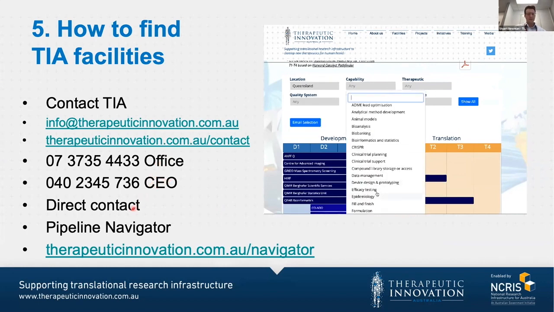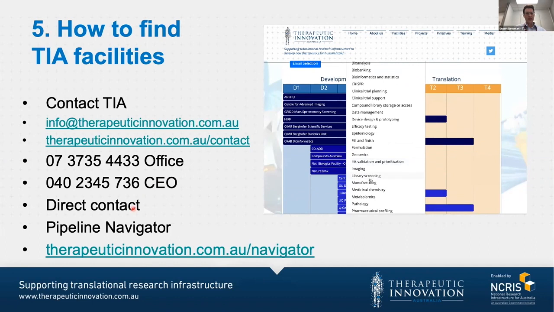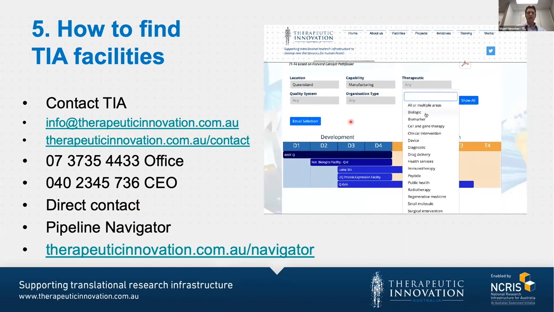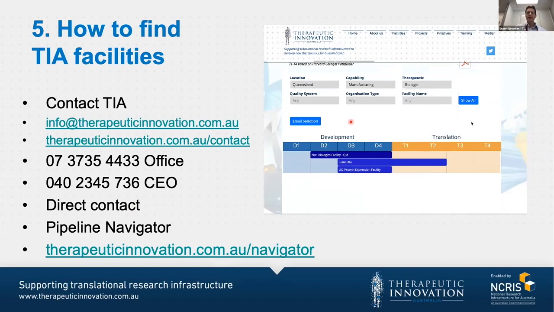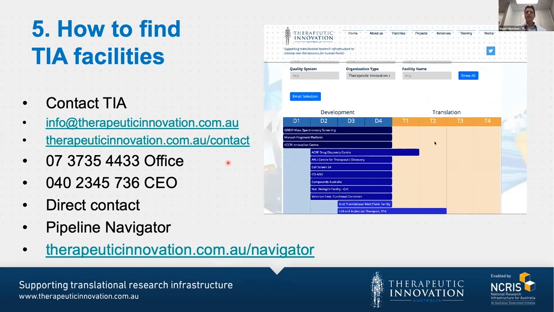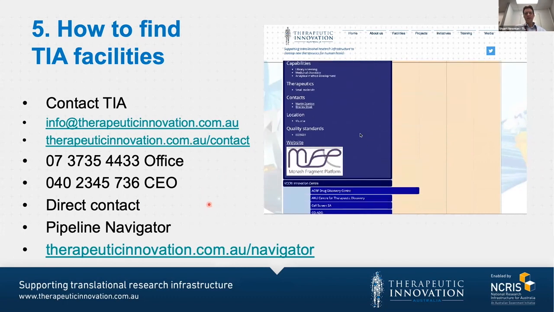You can, of course, go directly to the facilities. We are in no way a gatekeeper, so feel free to reach out to them directly. On the right here, we also have our pipeline navigator, which has a listing of various facilities around the country, not just ours, but across the NCRIS network. And this is also accessible via our website.